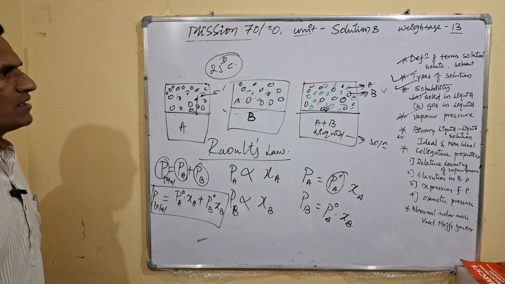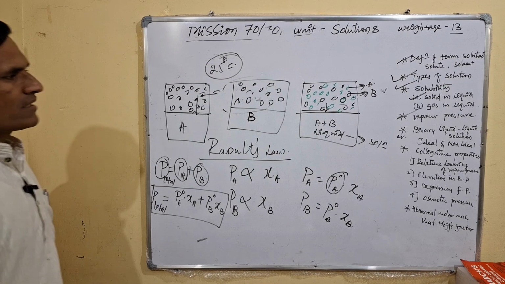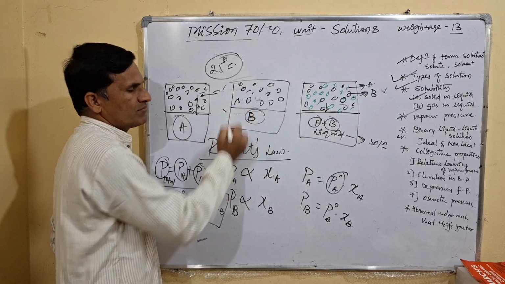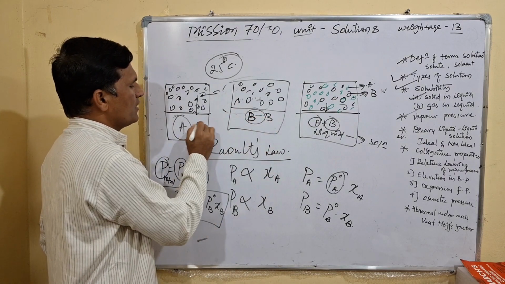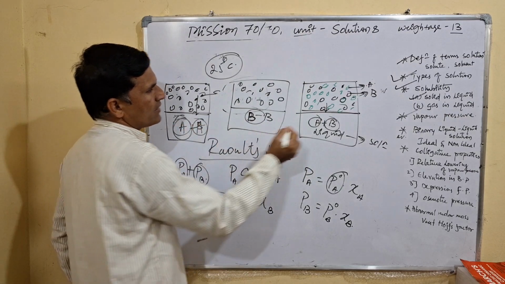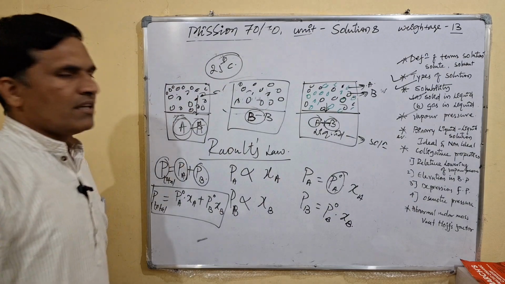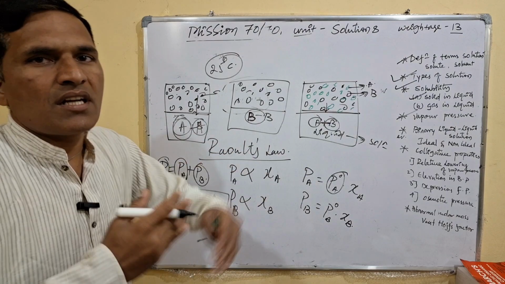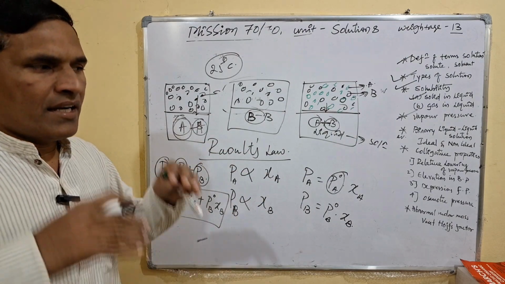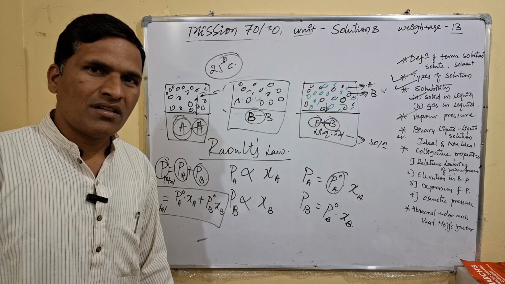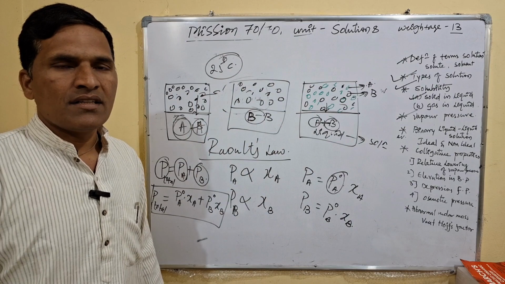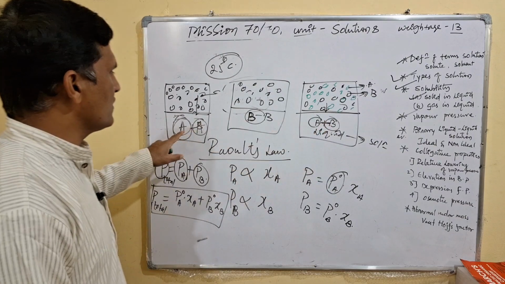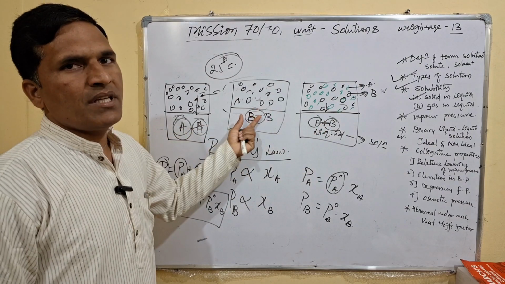This is what we call Raoult's law. And always remember, if the interaction between A and B is as good as in pure A and pure B, if you find the same interactions between A and B, then we expect a linear variation in the vapor pressure by changing the composition of A and B. It is then called an ideal solution, when the variation is linear, and that linearity arises when the interaction between A and B is the same as the interaction between AA and BB in the pure state.